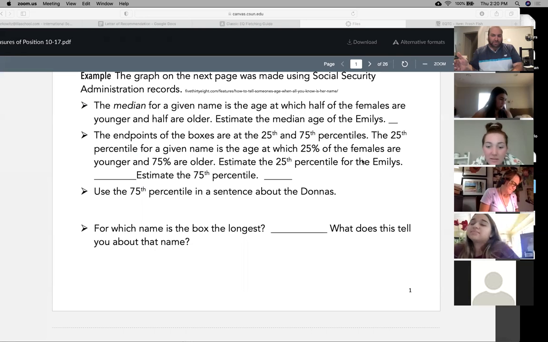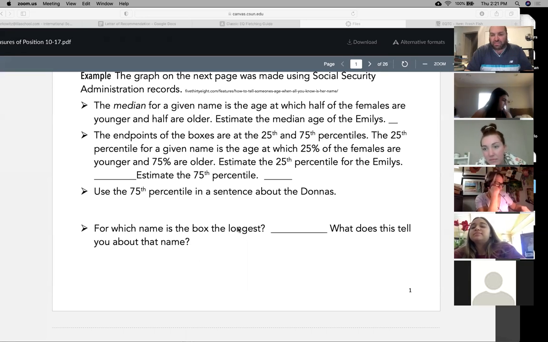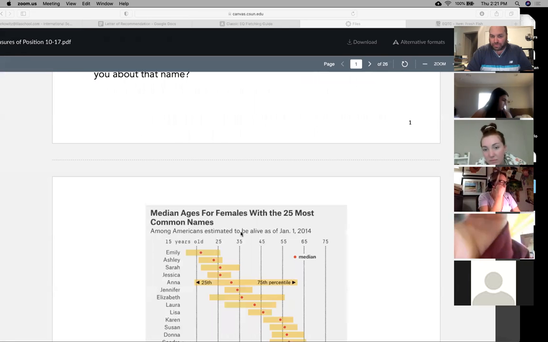The 75th percentile is the value at which 75% are less than it. So these three values divide up your data into roughly 4 equal parts.